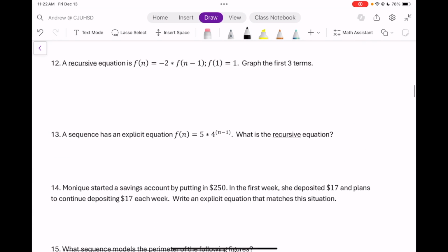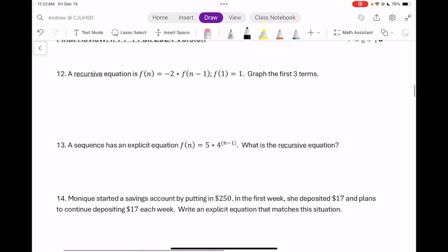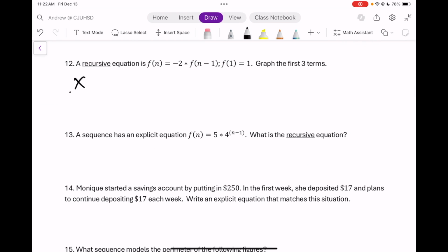Number 12. Here's the recursive graph of the first 3 terms. Well, first let's figure out what the first 3 terms are. Actually, that would be n and f of n. So we're going to begin at 1, and you get 1.